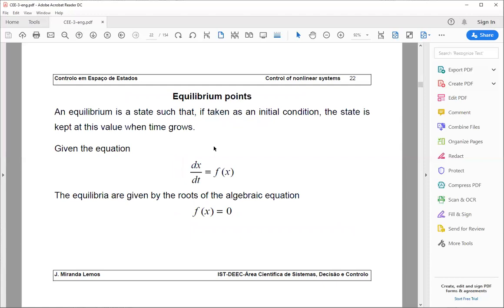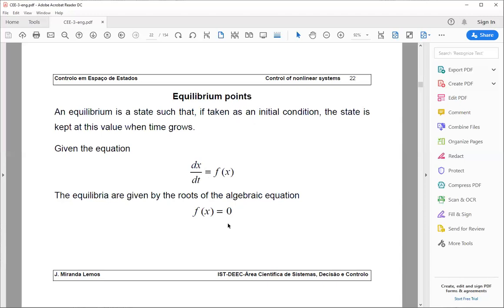Now, let's say something about equilibrium points. Equilibrium points of dx/dt equal to f of x are values of the state for which, if you start at these states, then you remain there. So if they are constant, it means that dx/dt is equal to 0.